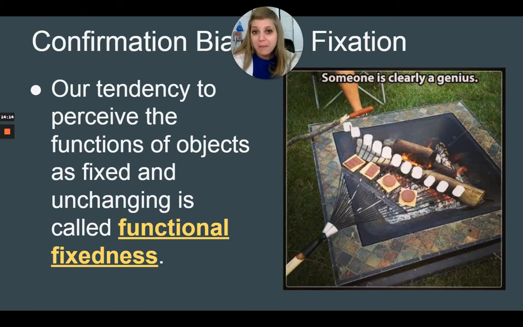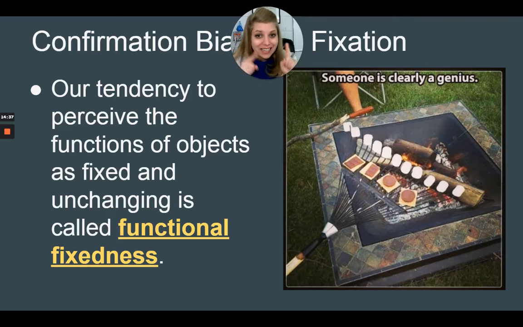And if I suffer from functional fixedness, I might not be able to use creativity to think about how something might be used differently, in what we refer to as divergent versus convergent thinking.